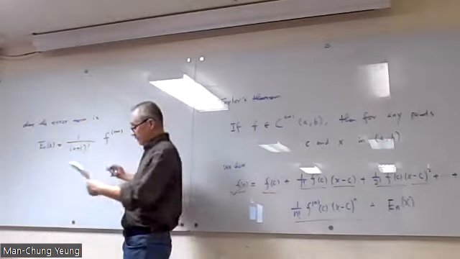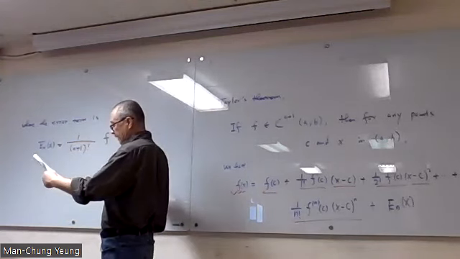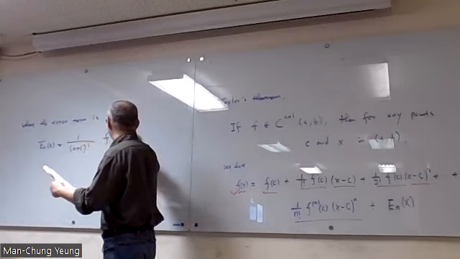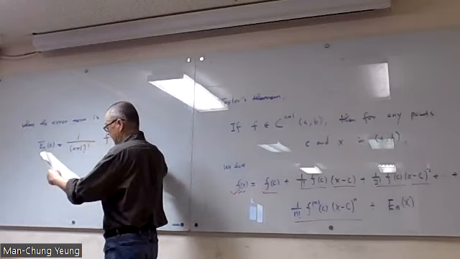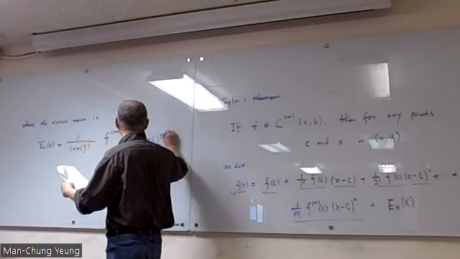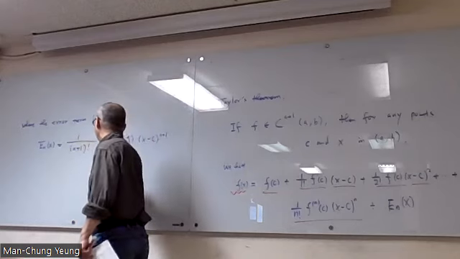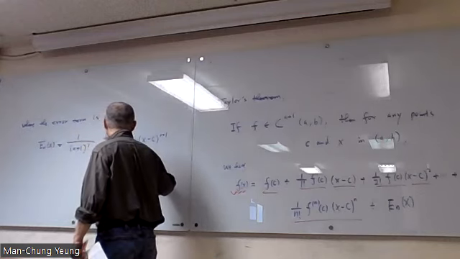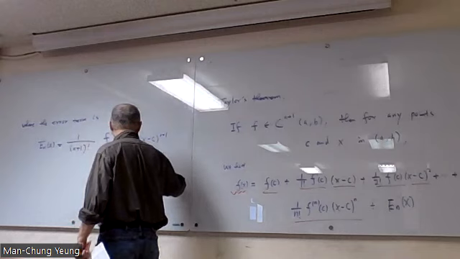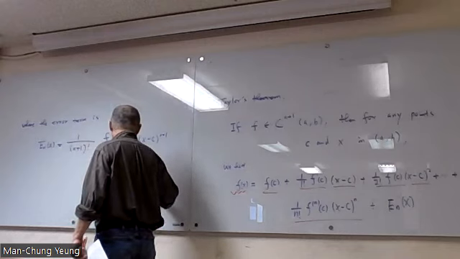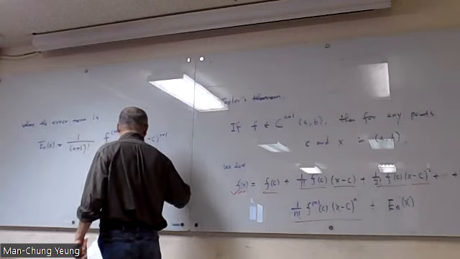So this is the derivative of order n plus 1, evaluated at some point sine, times x minus c to the n plus 1. Where sine is a point between c and x.